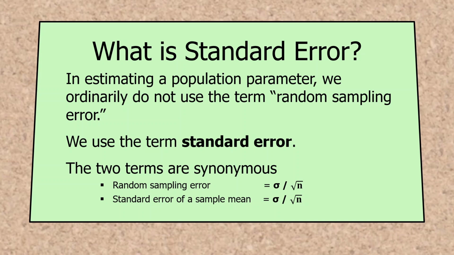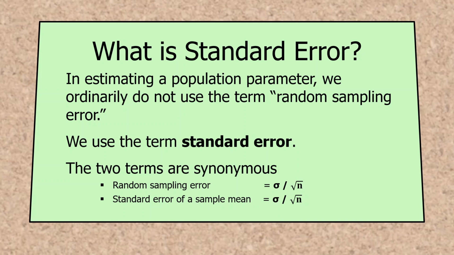In estimating a population parameter, we ordinarily do not use the term random sampling error, although it's perfectly acceptable to do so. We almost always use the term standard error. But let's make no mistake: we're changing the terminology to be more conventional, to use the terms that are more normally used in discourse about this problem. But remember that the two terms are synonymous.